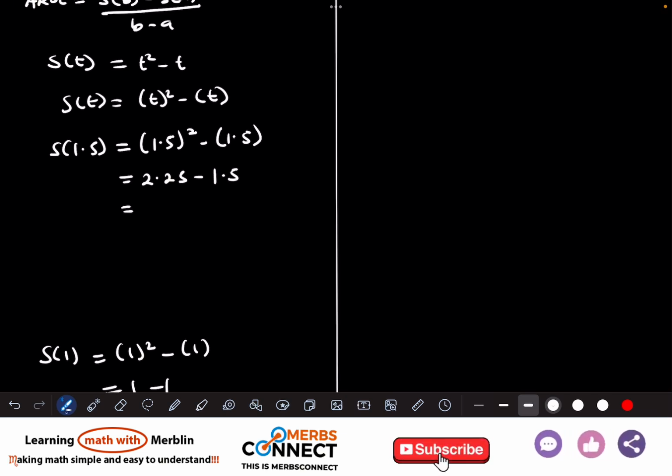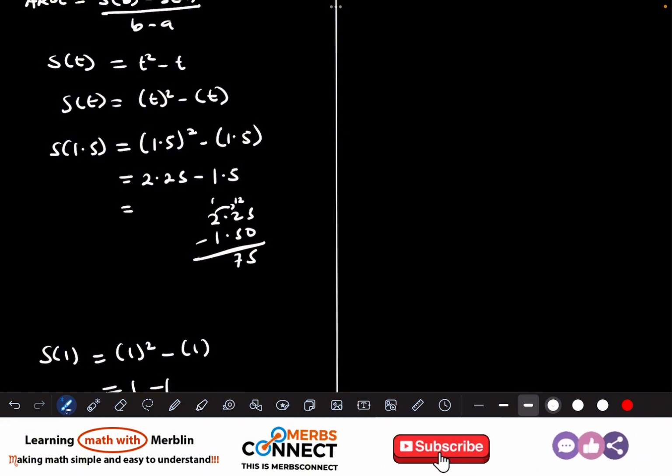And then when I subtract 1.5 from 2.25, I borrow here, so 5 becomes 15, then 1, so 7, 1 minus 1 will be 0. So you are going to have 0.75. Good. So we are having 0.75 there.